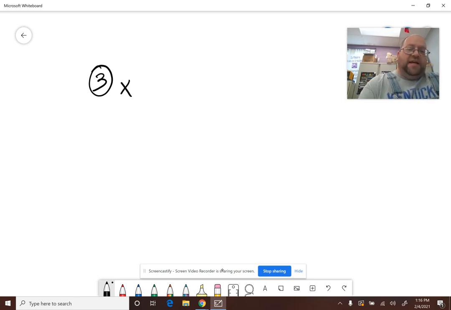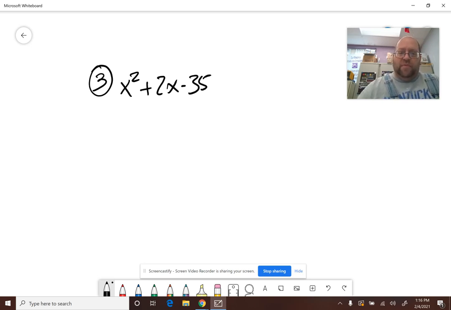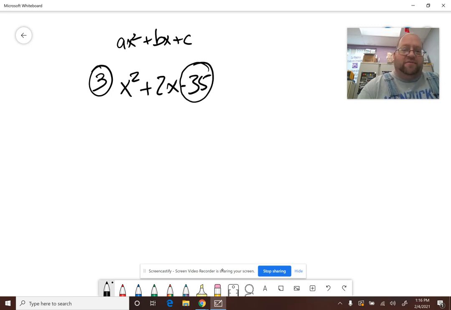Number 3 is x squared plus 2x minus 35. So we notice, again, ax squared plus bx plus c is our standard form. We do, in fact, have a 1 in this spot here. So we know that our focus should be on c, which is negative 35, okay?